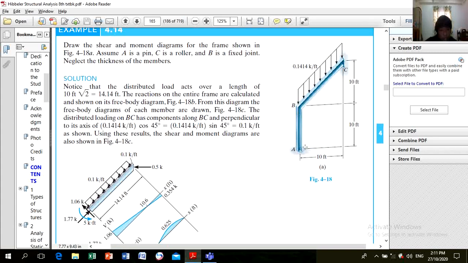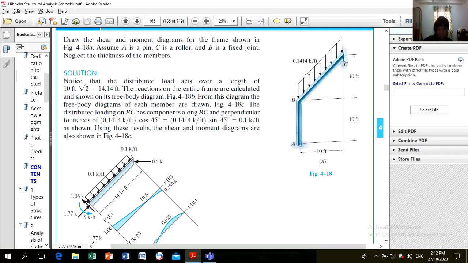So what we can see here is this distributed load, 0.1414 kips per feet, is not distributed perpendicularly to the incline BC.